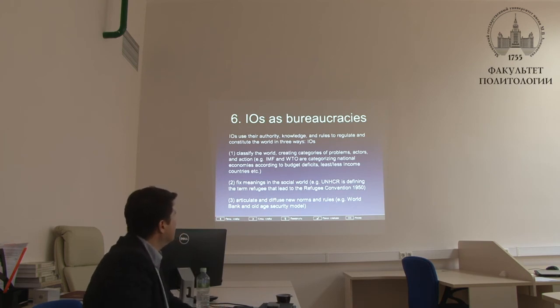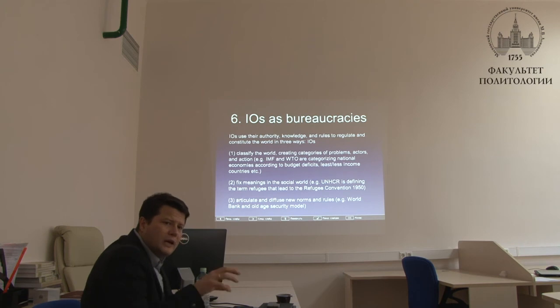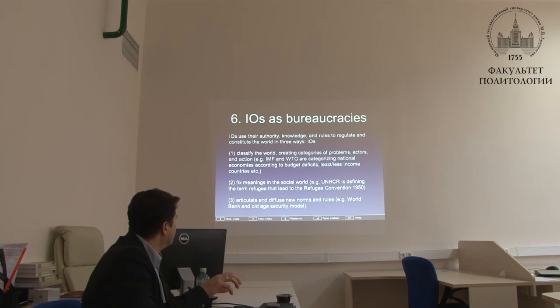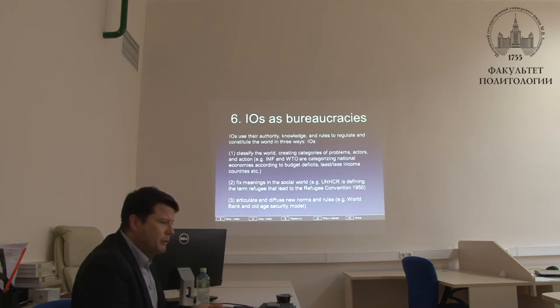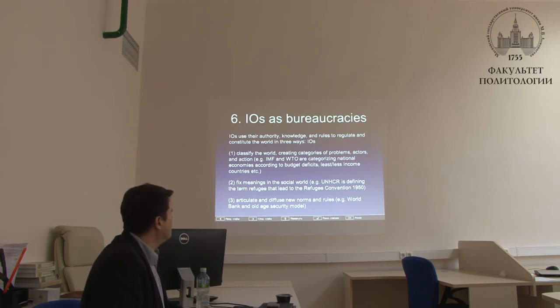Or they can articulate and diffuse new norms and rules, which is done by the World Bank with the idea of old age security. So to have an old age security system is a thing that the World Bank is articulating and diffusing as a new norm model across the world. Not each and every country has had an old age security model in the past, but the World Bank then pops up and says, okay, you can only have this money if you establish some kind of old age security model.